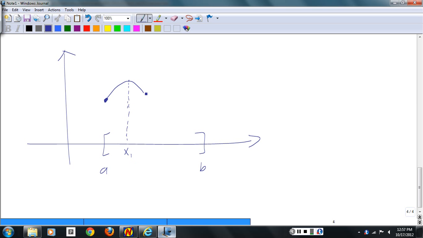And then it has a point where it just comes to a corner there, and it goes up like this, and then it turns again, and it ends up here. So we've got x sub 2, we've got x sub 3, and b I'm going to call x sub 4, and a I'm going to call x sub 0.